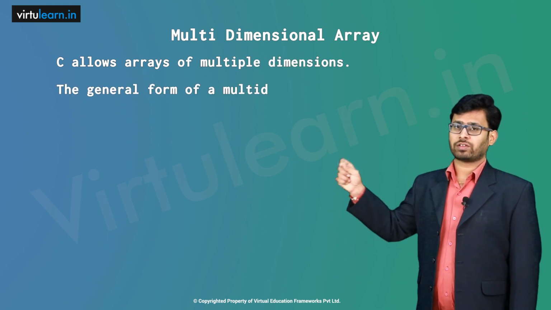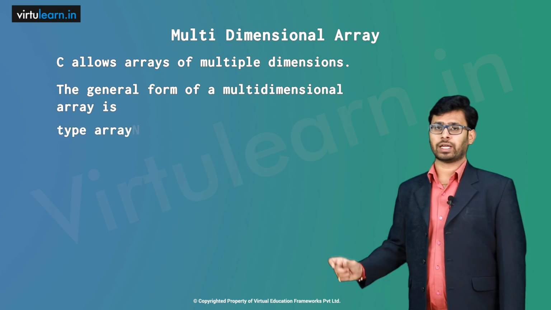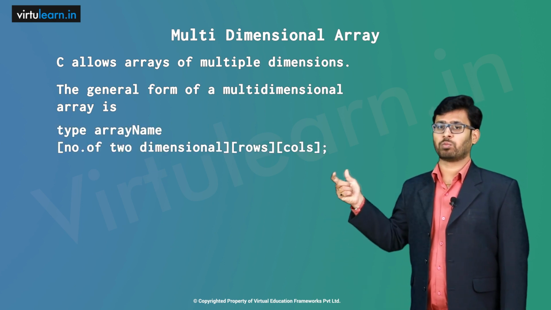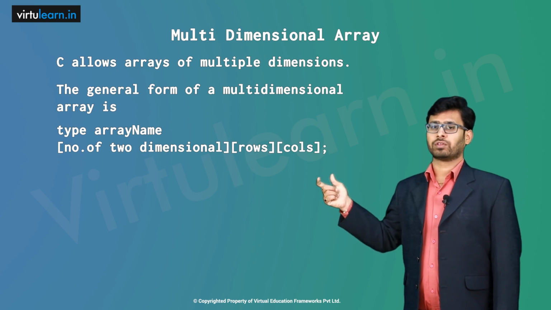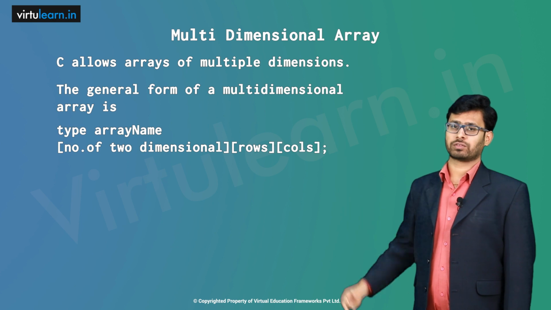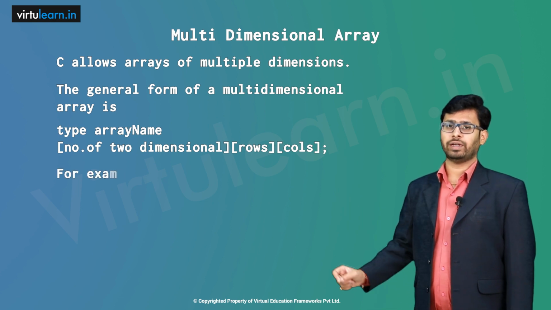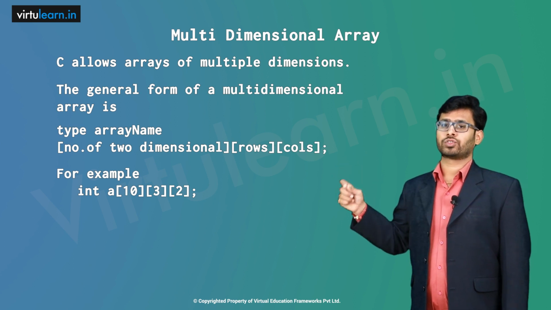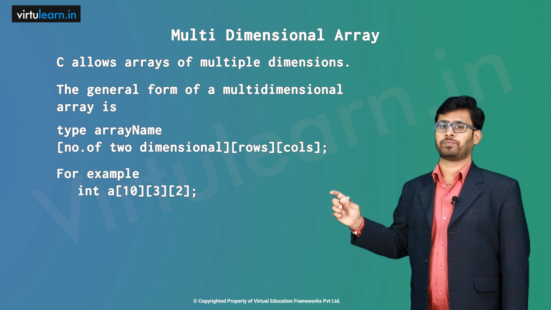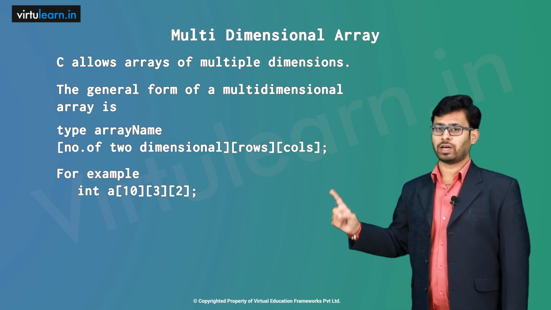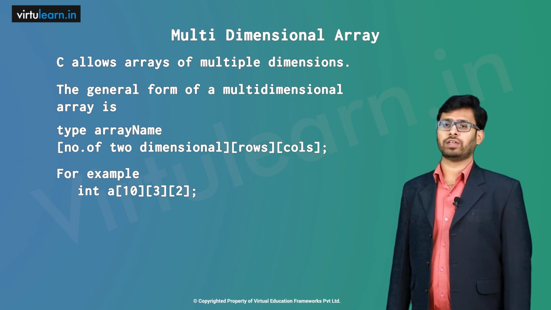The syntax of a multi-dimensional array is data type, array name, then in the first subscript the number of two-dimensional arrays, in the second subscript the rows, and in the third subscript the columns. For example, int a of 10, 3, 2 means there are totally 10 arrays, each of size 3 by 2.